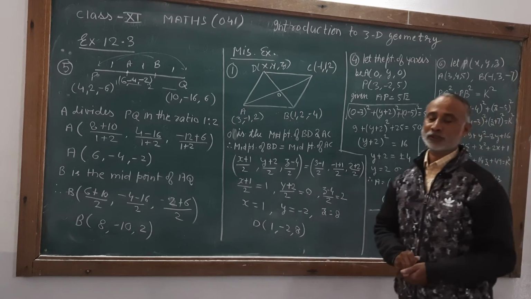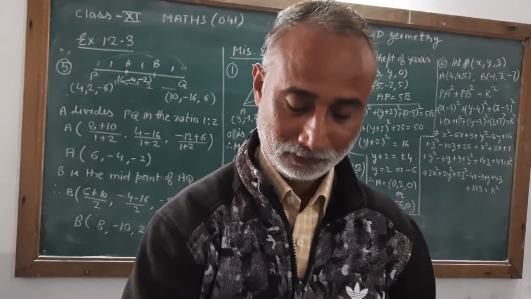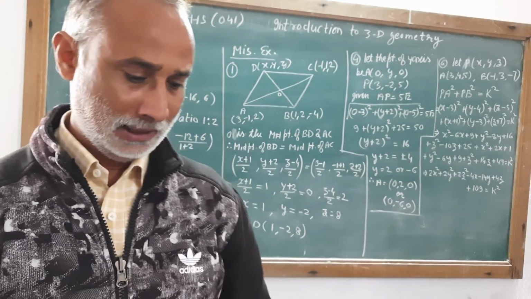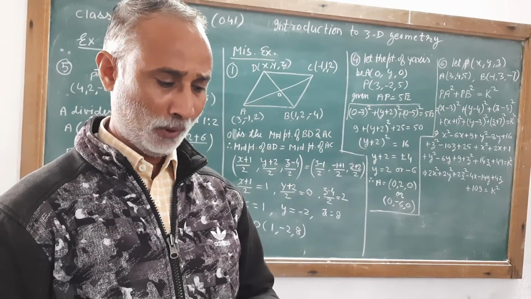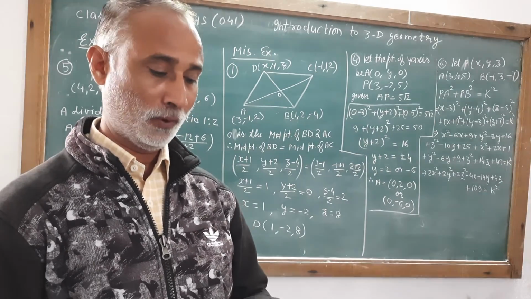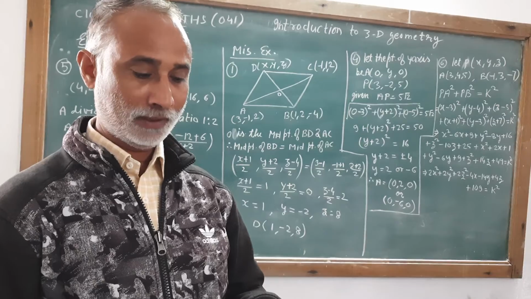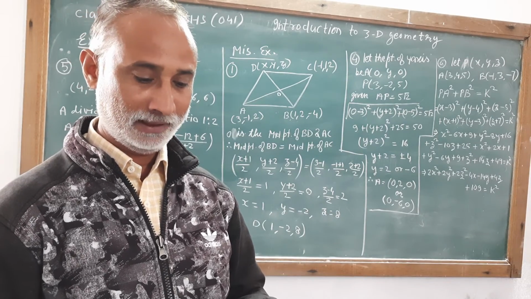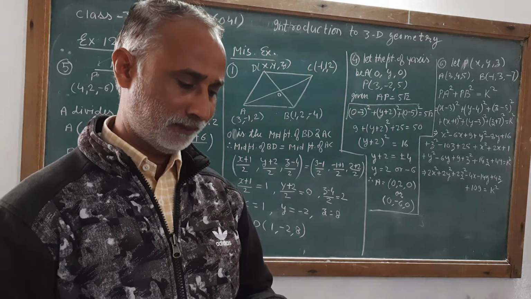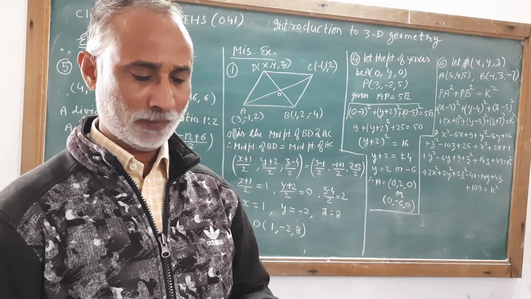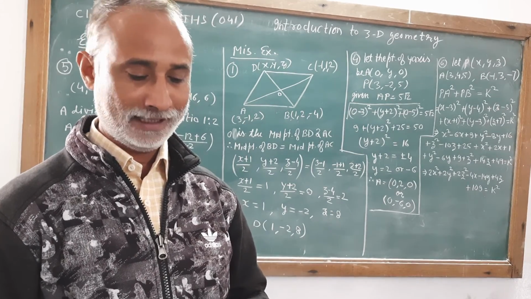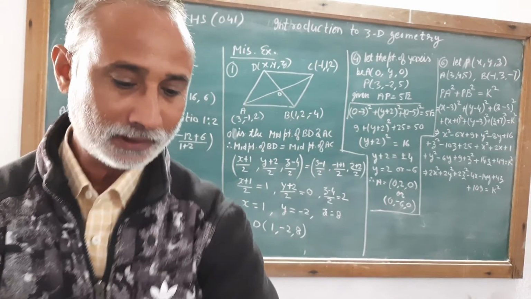Now let's come to question number 6. Question number 6 says that if A and B are the points with the coordinates (3, 4, 5) and (-1, 3, -7) respectively, find the equation of the set of points P such that PA² + PB² equals k², where k is a constant.